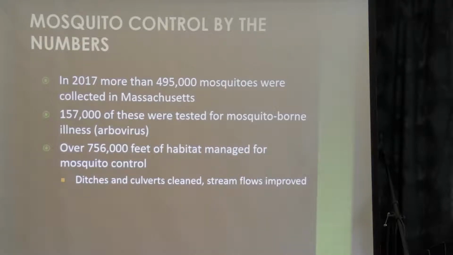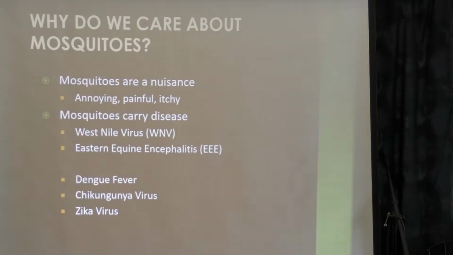They also managed over 750,000 feet of habitat for mosquito control, so that's like cleaning of ditches and cleaning out culverts that get blocked, because we're always trying to stop that production and sustenance of mosquito habitat, which is typically standing water with organic material that's causing it to be very acidic and a very hospitable place for mosquitoes to lay their eggs.